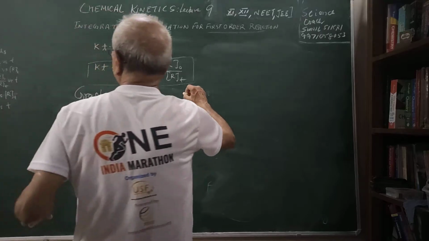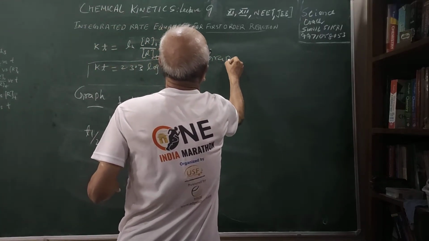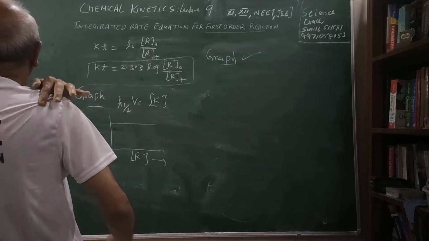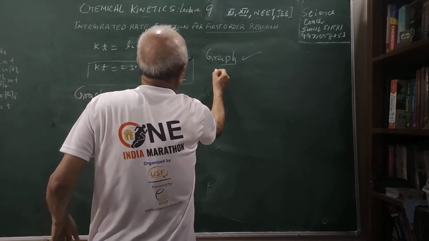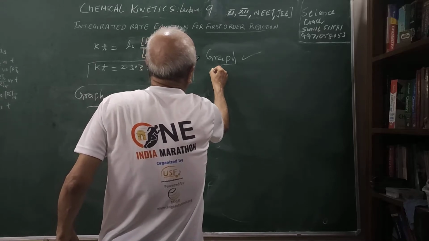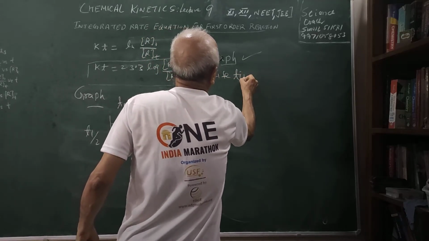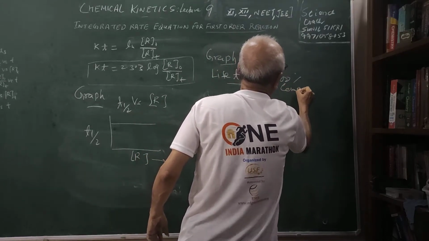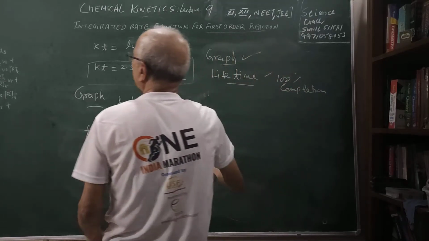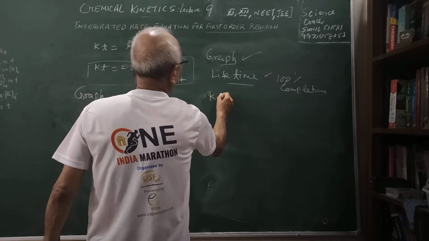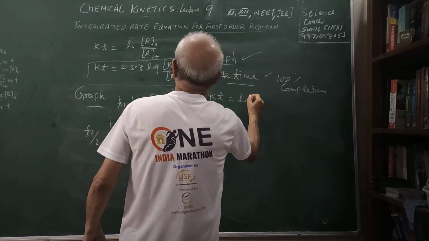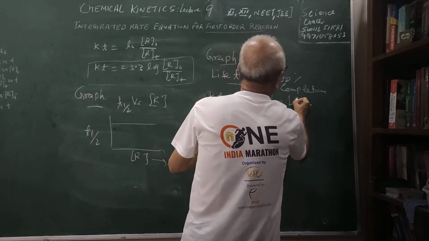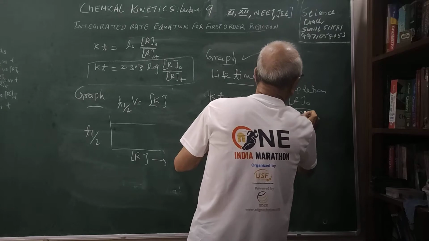One more graph which I want to show you, graphs are very important from the examination point of view, is the lifetime, meaning 100% completion. How to find 100% completion? kt is equal to 2.303 log of R0 divided by Rt.